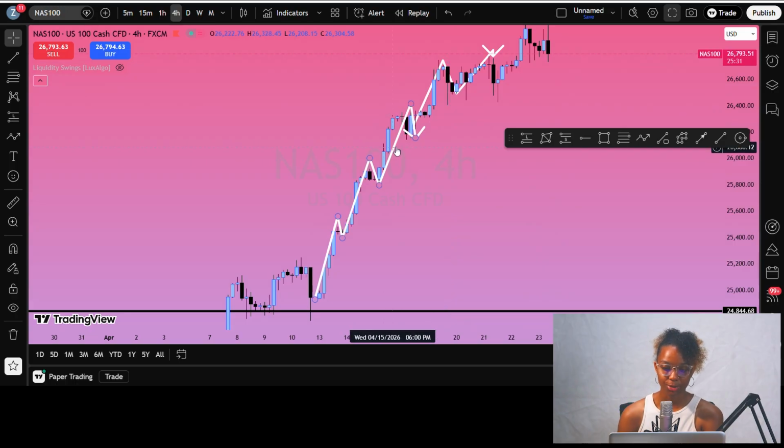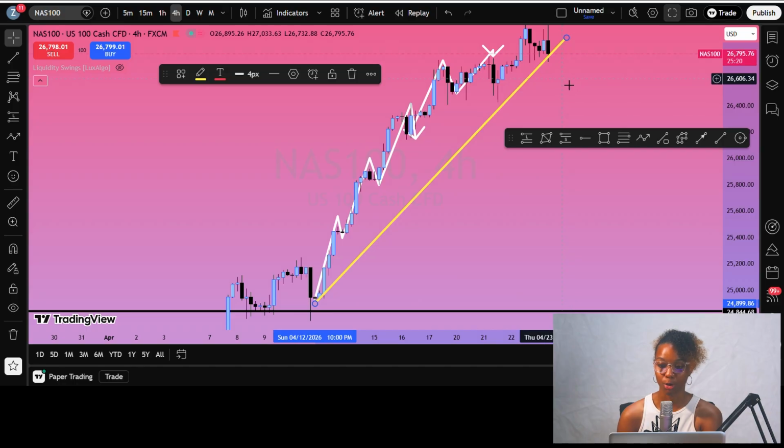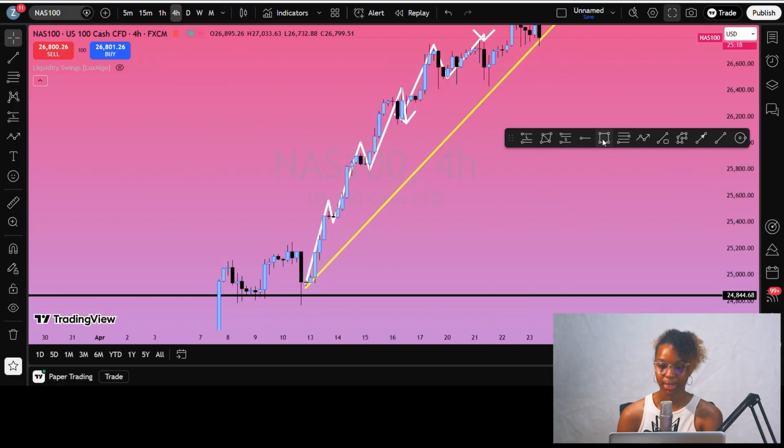So based off what you see here, I'm going to go ahead and pull the trend line from the low, and we're just going to go up to where price is right now, because price is not falling below that area. So again, as you can see, we are in an uptrend. Why? Price is not falling anywhere in this area.